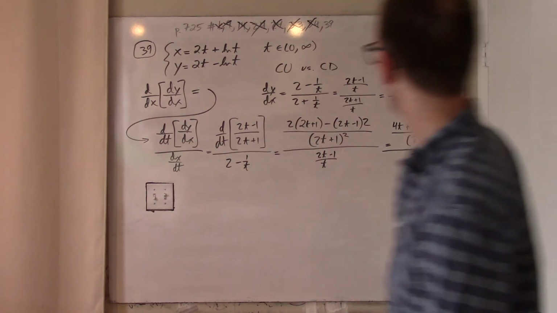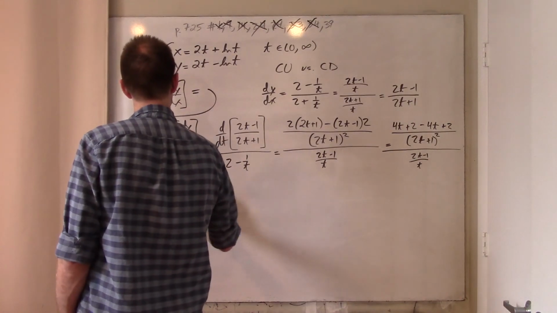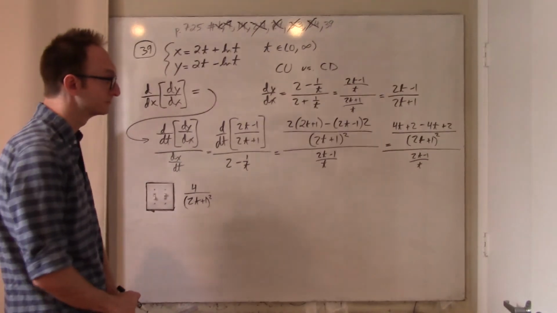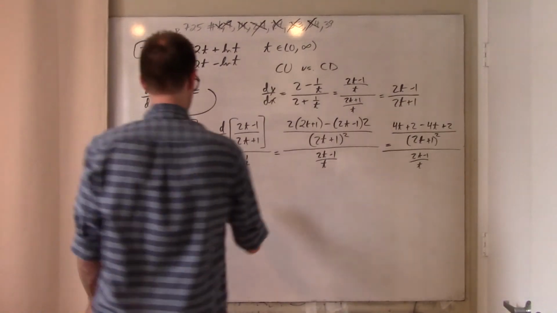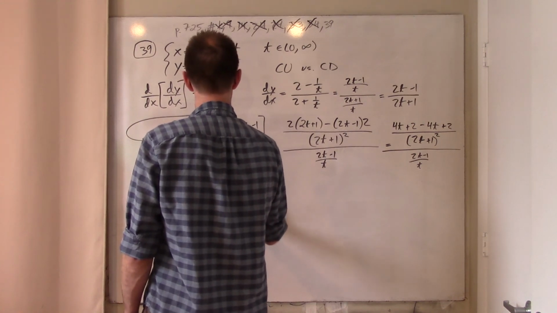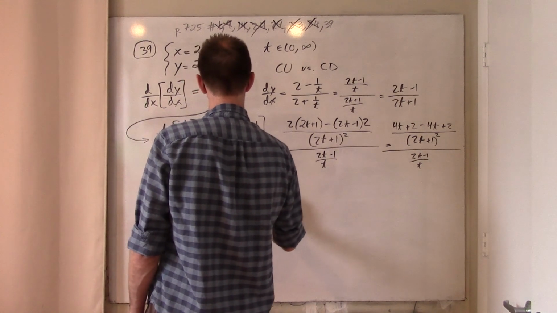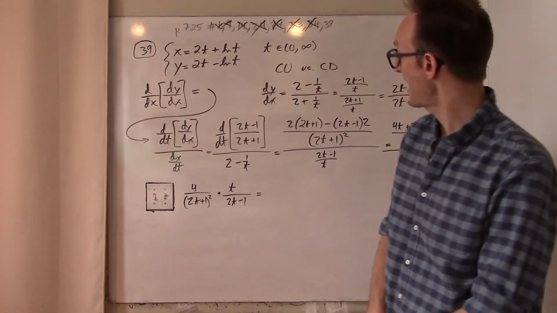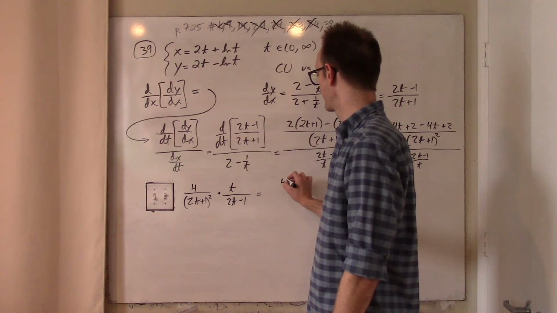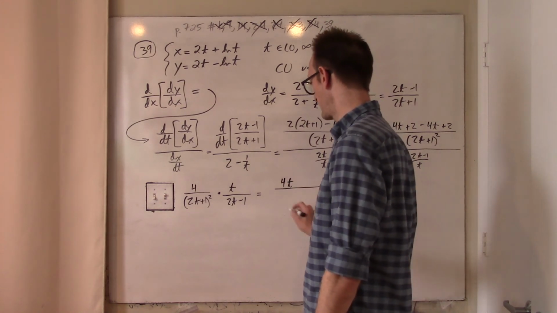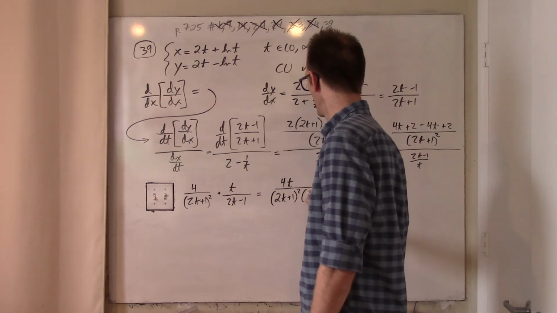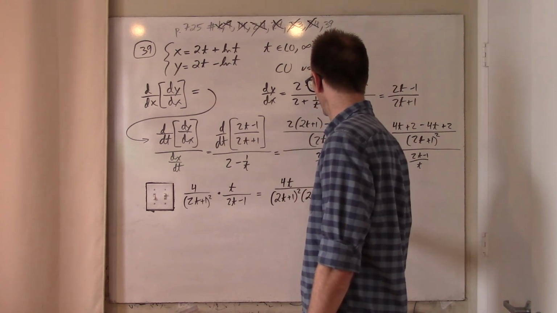And so I think I end up with 4 over (2t plus 1) squared, divided by, so therefore times the reciprocal, t over (2t minus 1). So that's not exactly what I was expecting, but anyway, there it is. Here's my formula: 4t over (2t plus 1) squared times (2t minus 1).